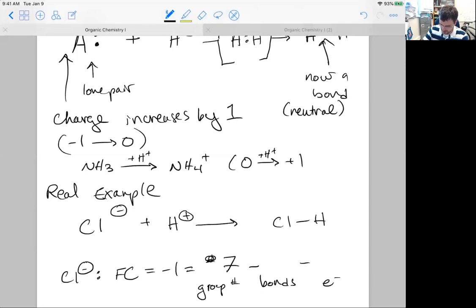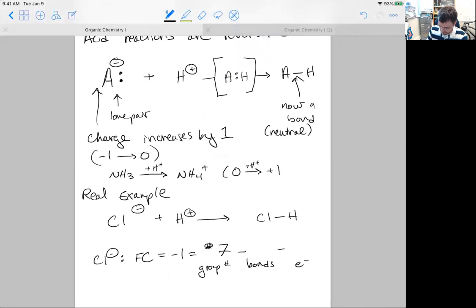This has parallelism, where ClH is the same as AH in our previous case. We have ClH now being neutral. Now, what I'm getting at with this point down here is, what is the arrangement of the chlorine atom? How many bonds does it have? How many lone pairs does it have to have a -1 formal charge? Well, it's chlorine by itself, so we have 0 bonds.